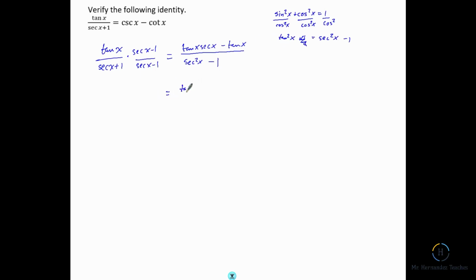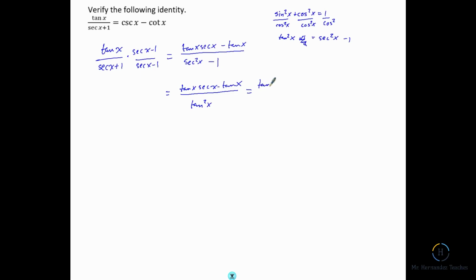So tangent of x, secant of x, minus tangent of x, divided by secant squared x minus 1 is tangent squared x. So let's look at this. I have tangent of x, secant of x, minus tangent of x on tangent squared x. Well, let's come back up to the numerator because I did distribute a tangent of x, but I can factor that out now.